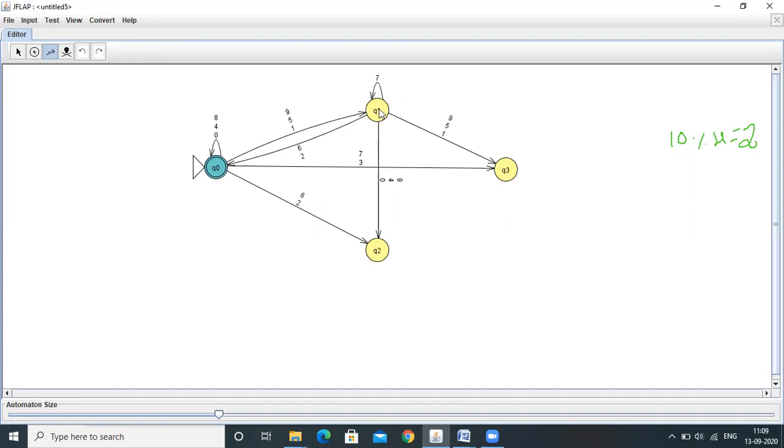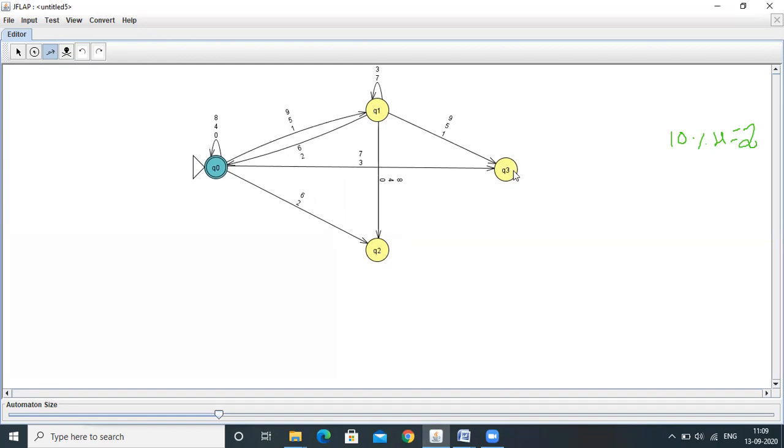Q1 on 3 gives 13, remainder is 1. So over Q1, we defined all the transitions over 0 to 9.